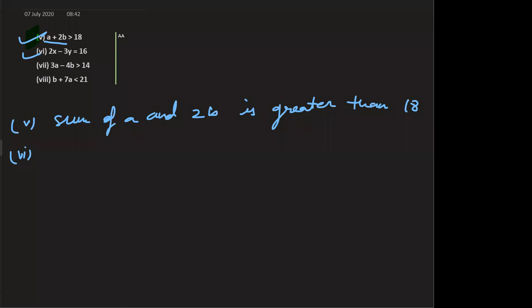Okay, 2x minus 3y is equal to 16. So how are you going to write it? 2x decreased by 3y is equal to, sorry, gives 16.